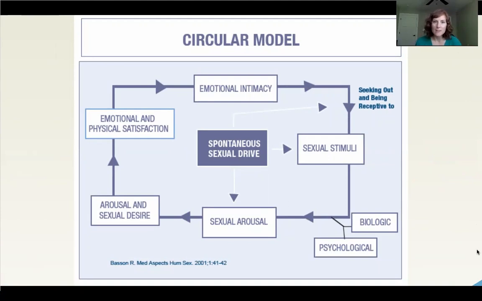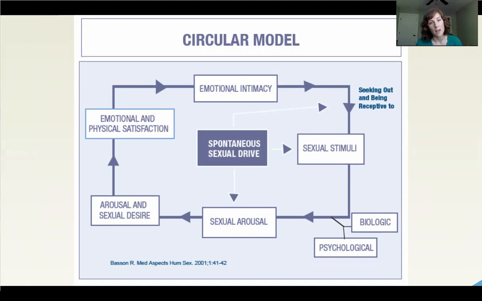And in this model, this is just an example of how the different biopsychosocial aspects can go together, having an emotional and physical satisfaction at the end, having those biological components of arousal and desire, but also appreciating and noting the psychological and social factors that go into that, like whether or not you seek out sexual stimuli or are receptive to them.